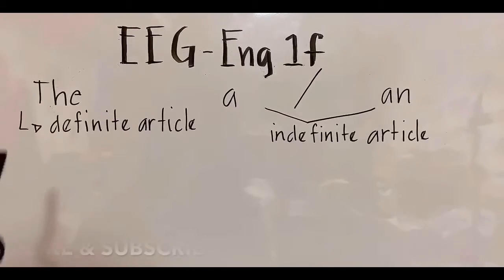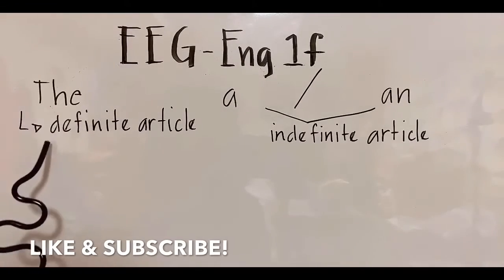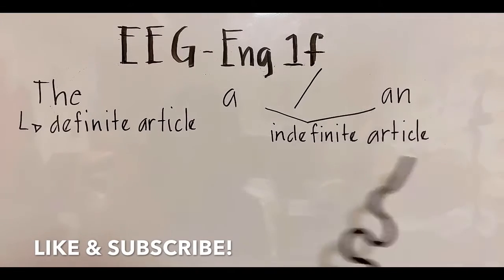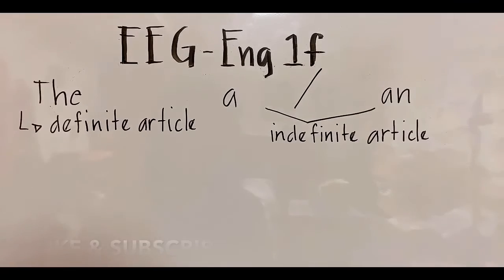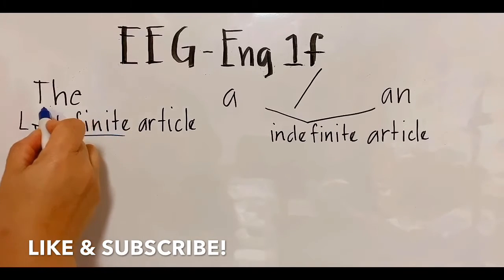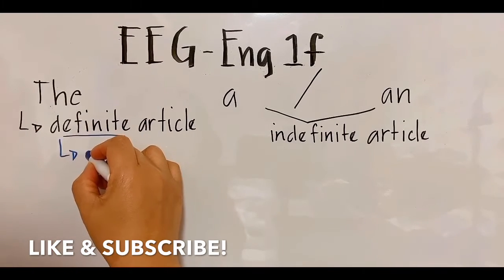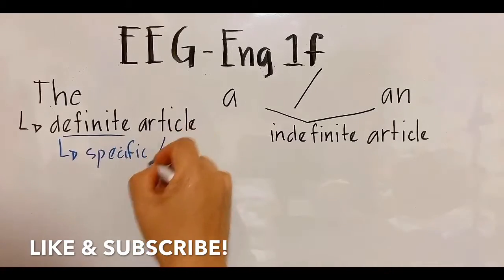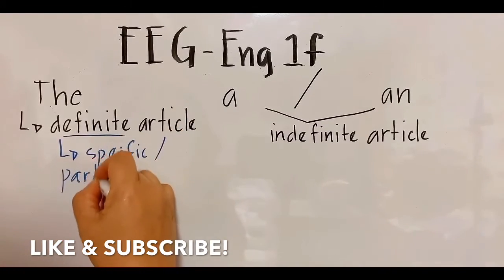To differentiate the two, the is a definite article, and a or an is an indefinite article. When we say it's definite, we mean the is referring to a specific or particular noun.